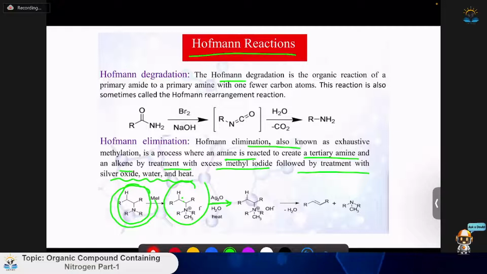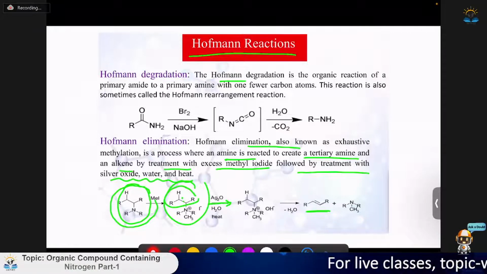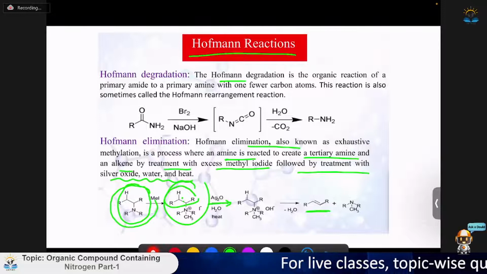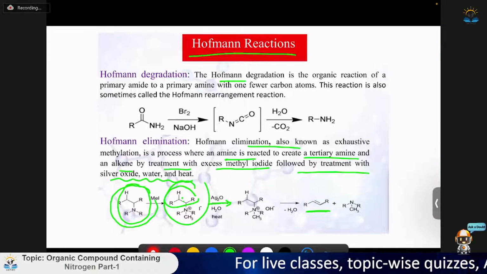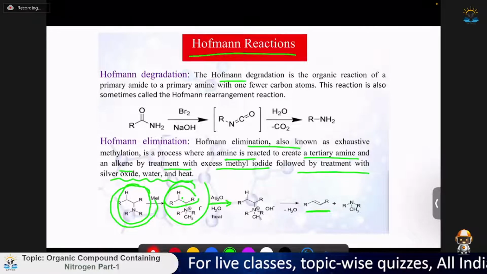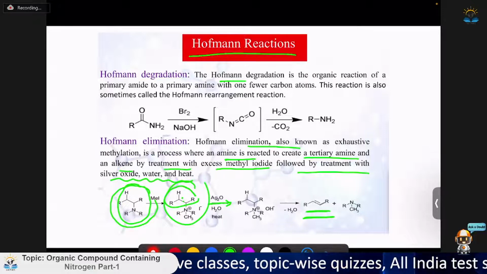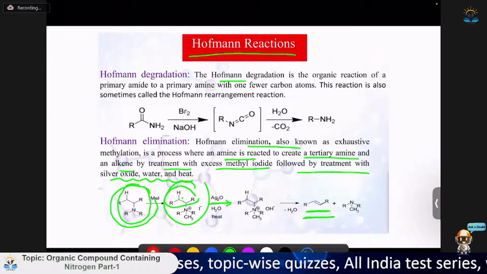So in this case, this alkene will be formed. It depends on which is more substituted, which we already know from the hydrocarbons chapter. So if you treat this quaternary ammonium salt with silver oxide and heat, you will get a more substituted alkene. This we have to remember.